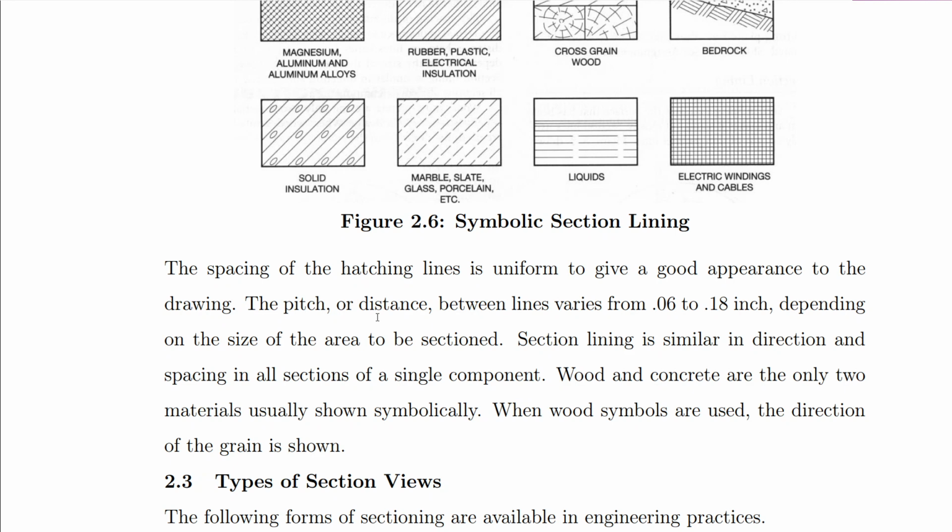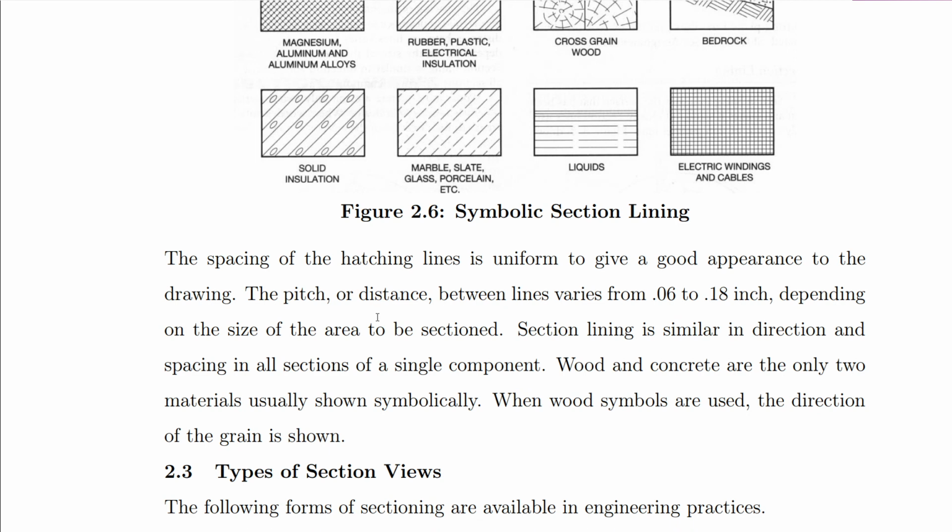You have to ensure that the spacings are as uniform as possible. The pitch or distance between lines varies from 0.06 to 0.1 inch. You may convert that to millimeters depending on the size of the area to be sectioned.